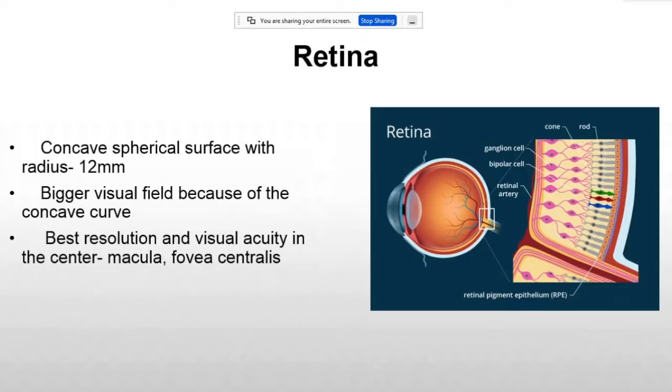Some consider the retina being another refraction structure because of its concave spherical surface.